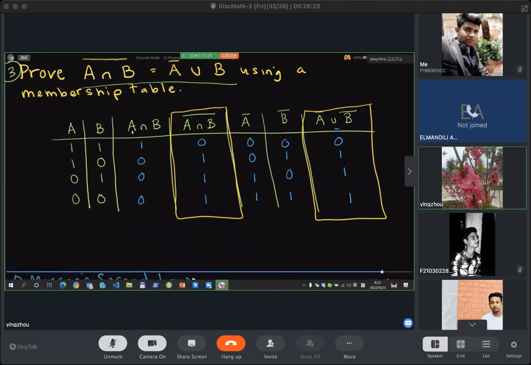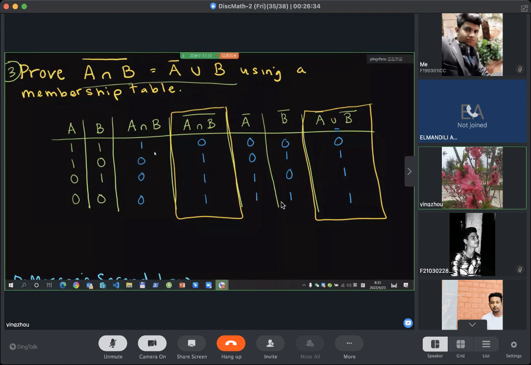It just translates this A intersection B, that means X belongs to A and X belongs to B. So it can be said it is the truth table, if we translate the membership into the truth table from X belongs to A.